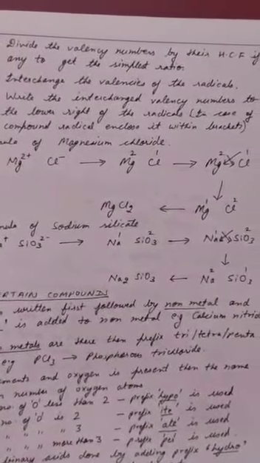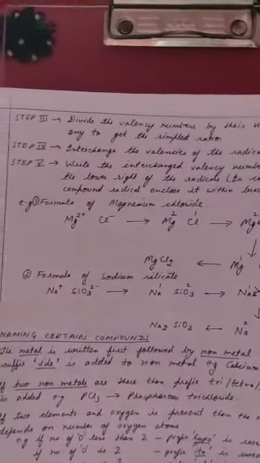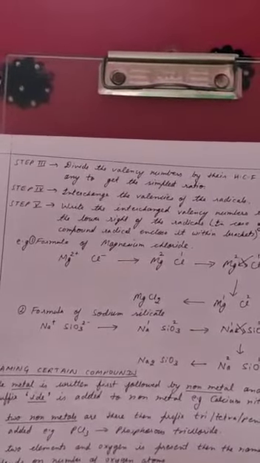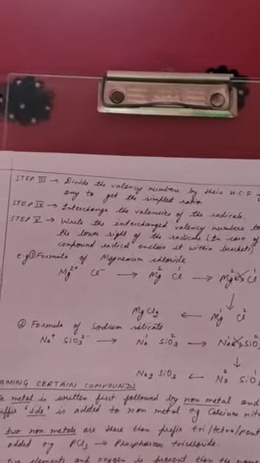So it is a simple method in which we exchange the valencies and then write the formulas. And if in any case there is a common factor, we get the simplest ratio of that. For example, if some radicals have valencies 2 and 4, then their highest common factor will be 2 and that will be further reduced.